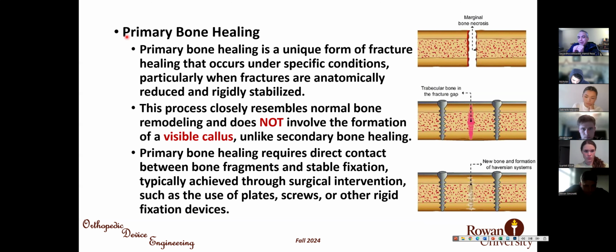When there is no gap between these two sides of the fracture, and the fracture surfaces are attached directly to each other, and there is no motion between them, then direct or primary bone healing happens.